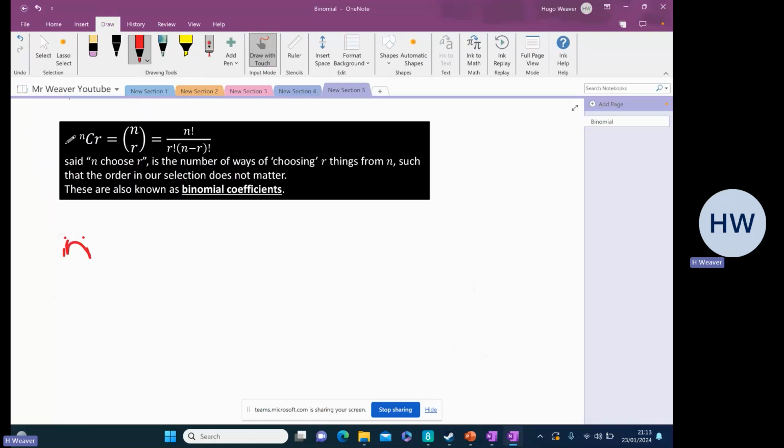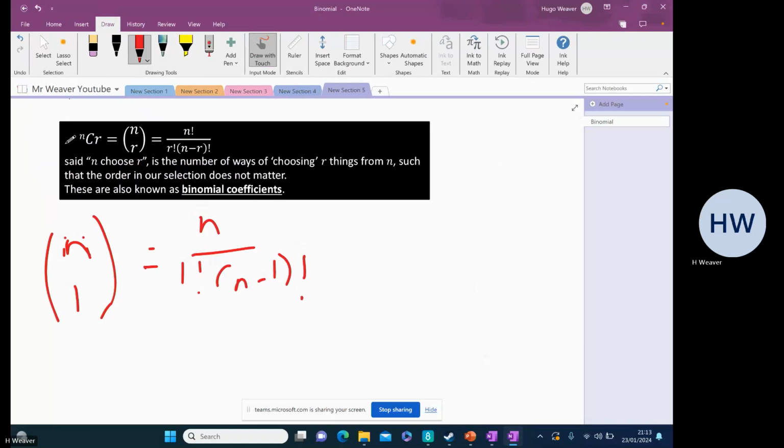What that looks like is it's going to equal n factorial over 1 factorial times (n minus 1) factorial.